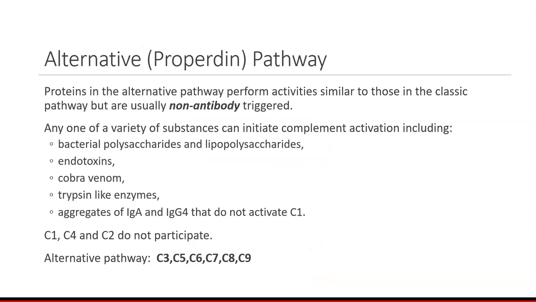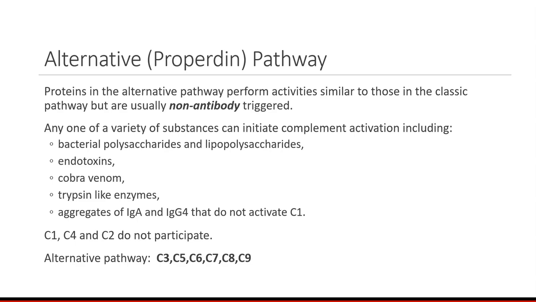The alternative, also known as the properdin pathway: the proteins in the alternative pathway perform activities similar to those in the classic pathway, but they are usually non-antibody triggered. The classic pathway is always triggered by antibody.